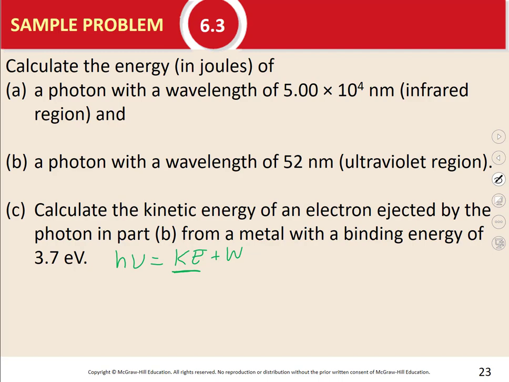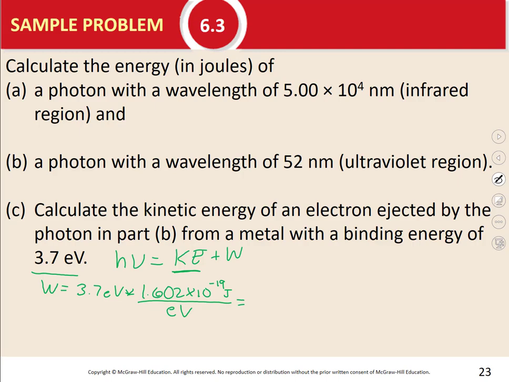So what are you going to do first here? Good. Convert that 3.7. So that is our binding energy, that's W. So we want that in joules. So 3.7 electron volts times our conversion factor, 1.602 times 10 to the negative 19 joules per electron volt.